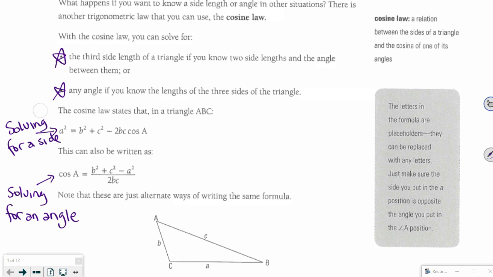Okay, and just like in the sine law, we had to look for angle side pairs that are across from each other. The cosine law also works the same way. Whatever the side you're solving for is, this angle over here, the A and the A have to be opposite to each other. So if you're solving for side A, you have to know the angle across from it.